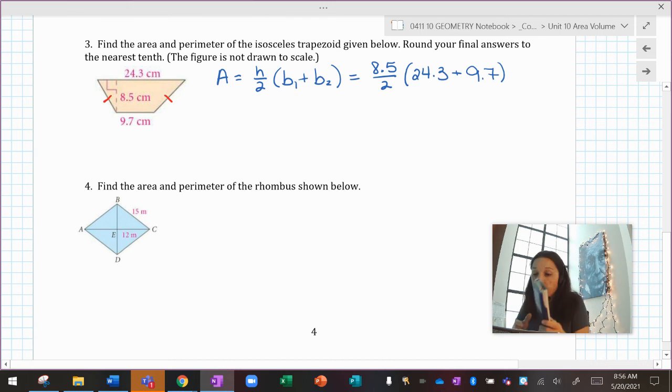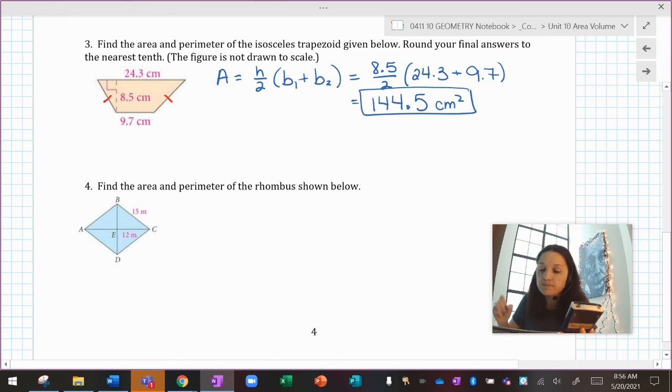So I'm going to pull out the calculator and type that in, and I get an area of 144.5 square centimeters.